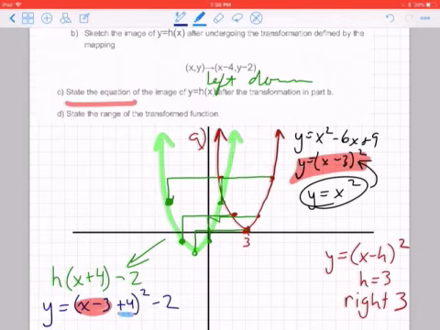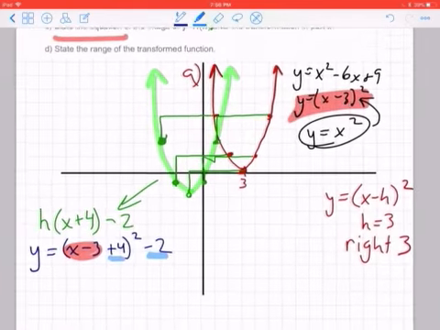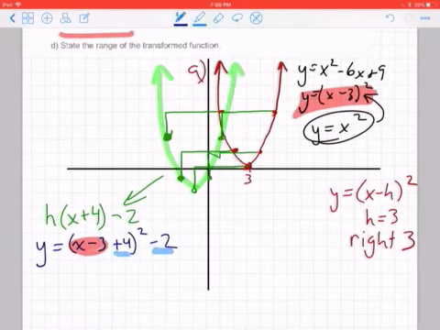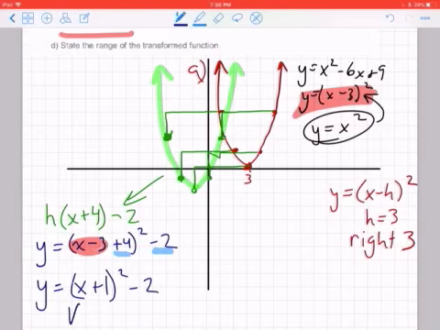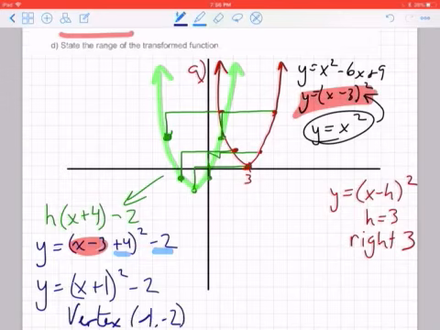That makes it move left 4, and then I'm going to take the negative 2 here, which moves it down 2. And so really what we can then do is simplify our equation to y equals x plus 1 squared minus 2. And what that would mean is our vertex here is the point negative 1, negative 2, which should make sense right there.